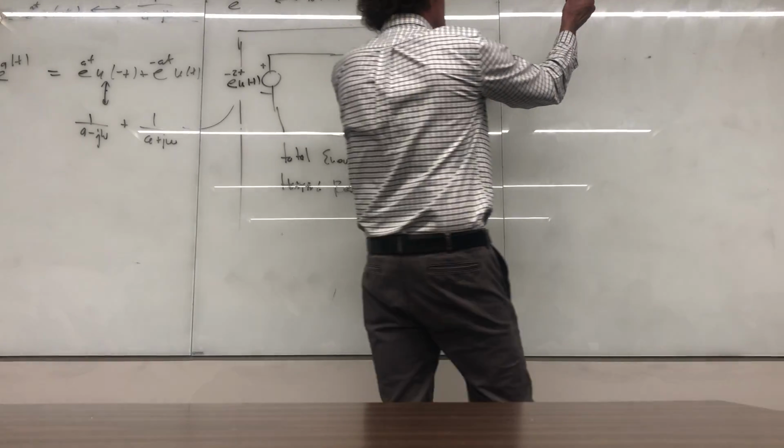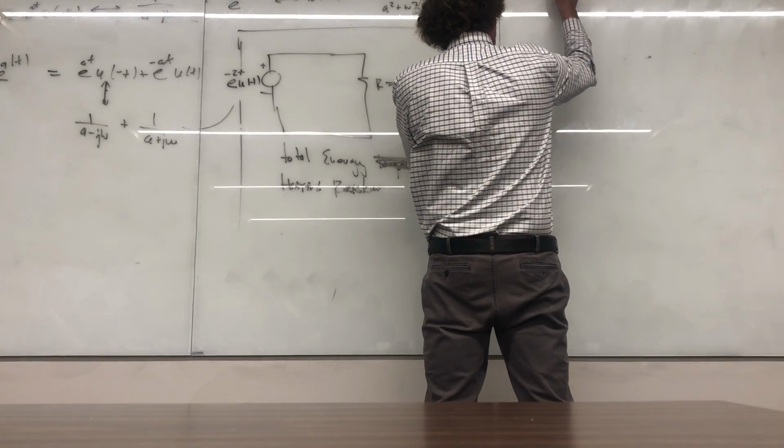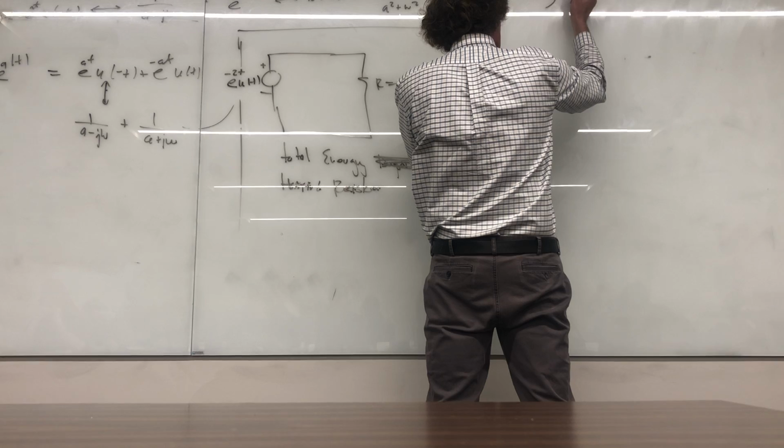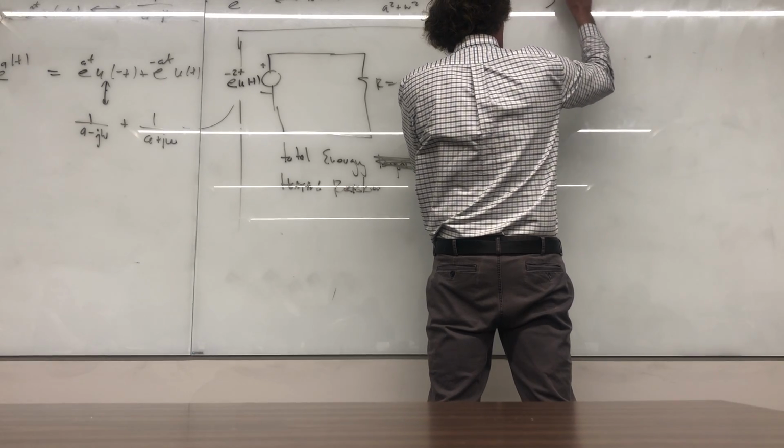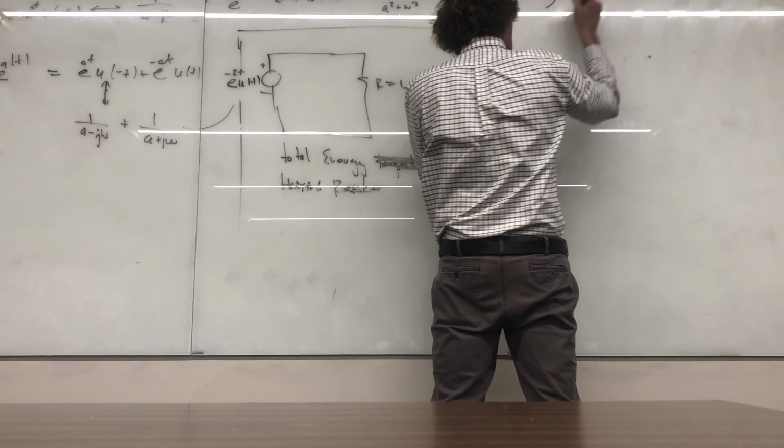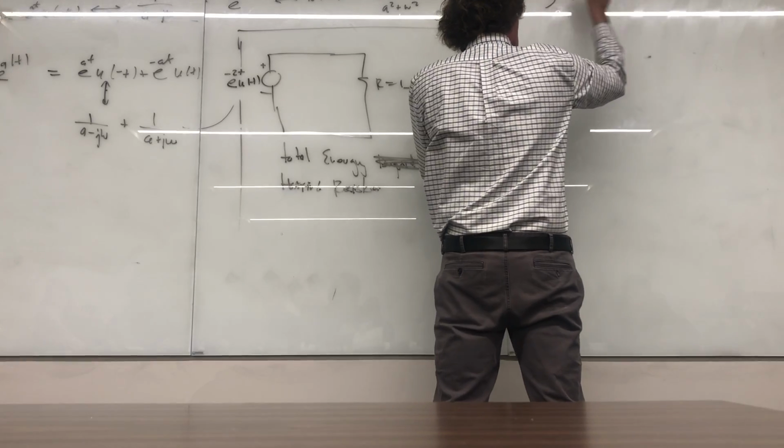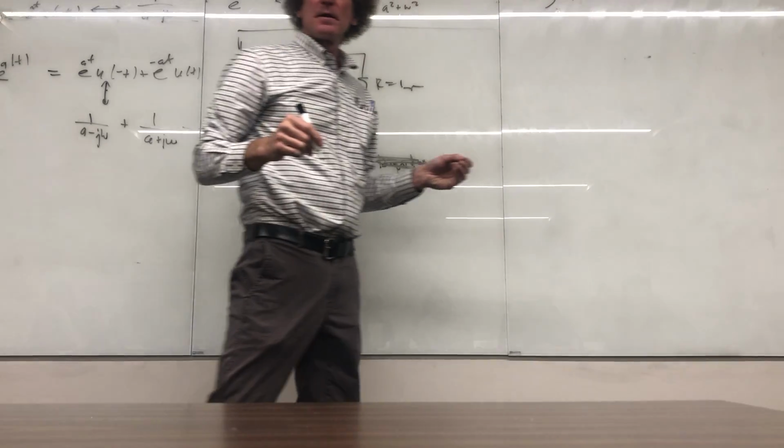Well, the way you would do it is, I know that the energy in this case would just be the integral of V of t magnitude squared dt from 0 to infinity. You all agree with that?